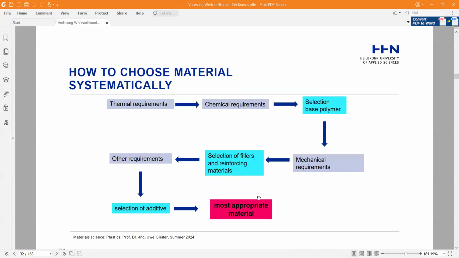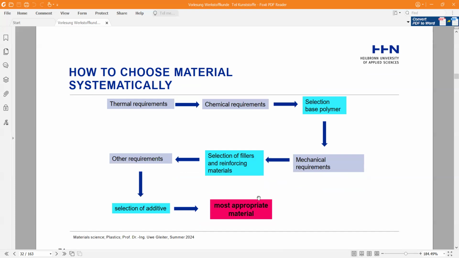So as we have seen before, there are no plastic types which are excellent in all directions. So we have to choose the polymer systematically.